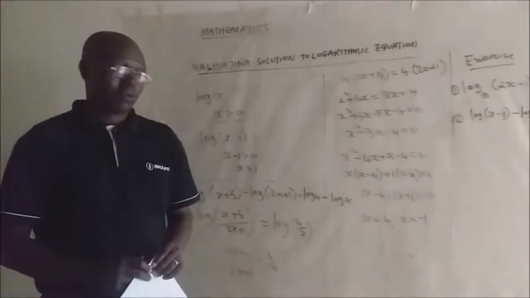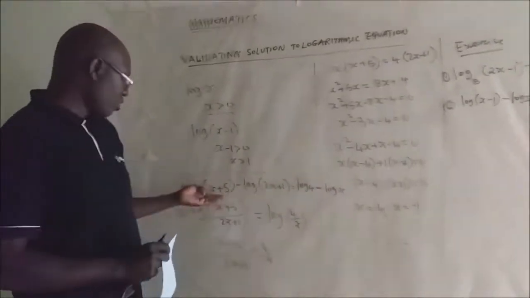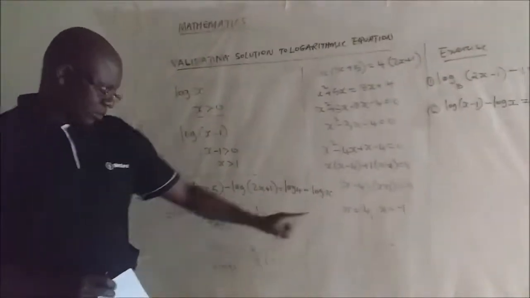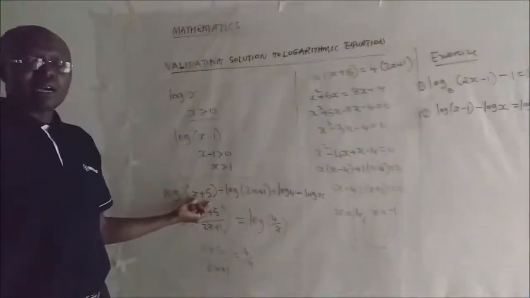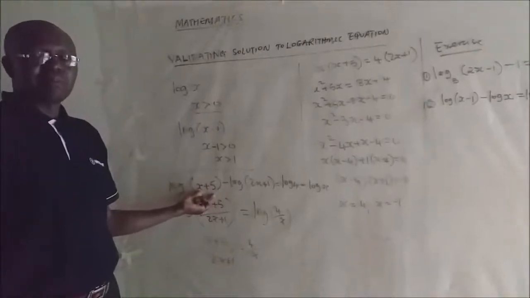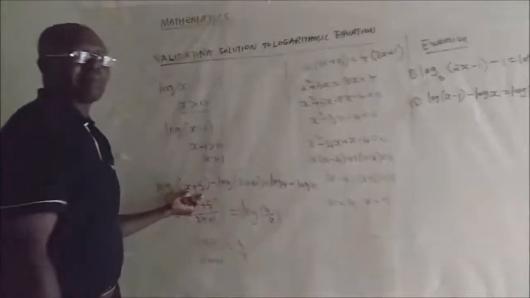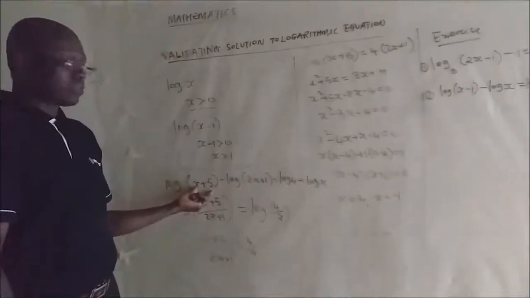So, we take each of the values and we test it on each of the arguments. If I take x equals to 4 and put it here, I shall have log 9. The argument is positive, and so x equals to 4 has passed the test with this argument.